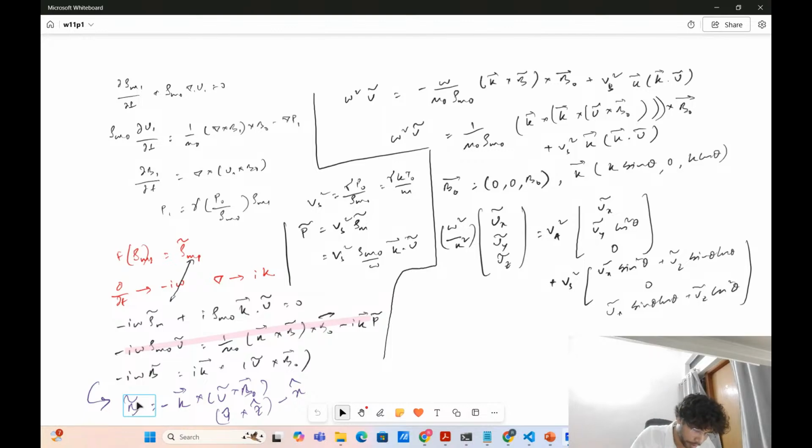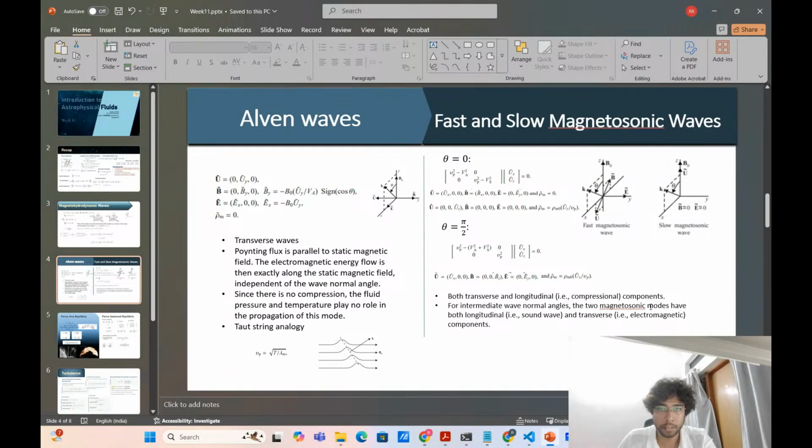So Z cross minus X will give you Y, right? So only the Y component survives. Okay.